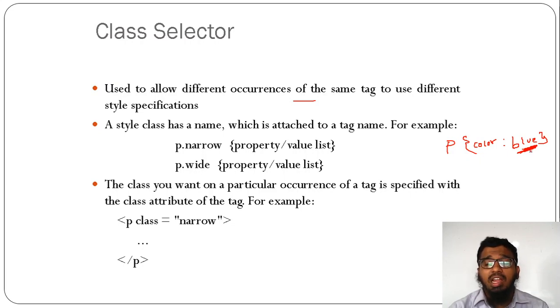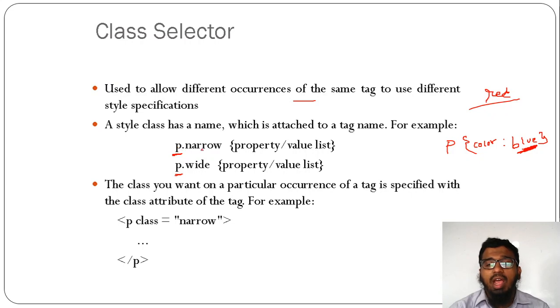But I don't want all paragraphs to be in blue color. Sometimes I want red color. How to give that?